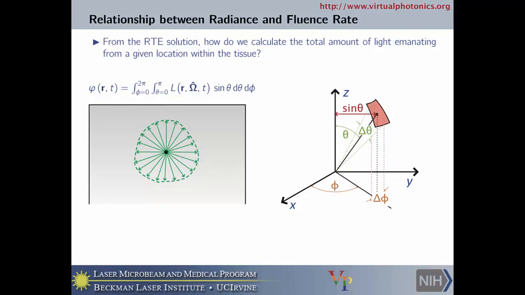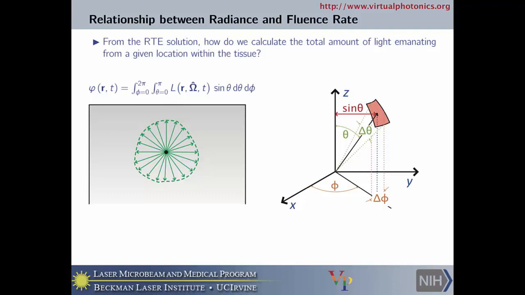This arc here is given by delta theta, which is just the portion of the circumference of a unit circle. And this arc here, the azimuthal arc, is given by sine theta, which is the distance of this patch of the unit sphere from the z-axis, times d phi, which is the amount that you're varying the azimuthal angle.